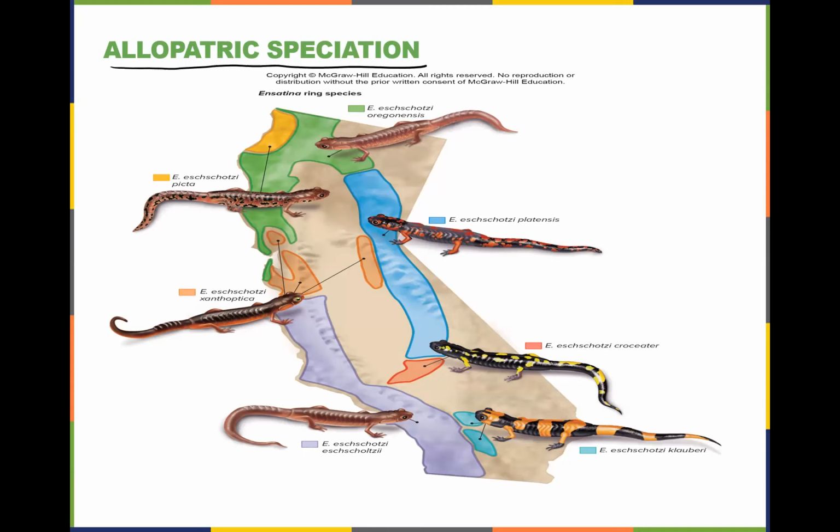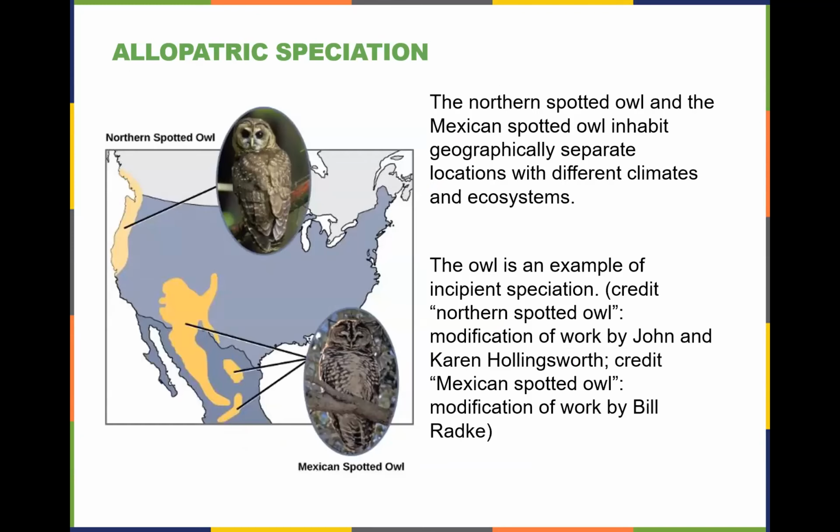So this allopatric speciation is the evolution of species due to different geographic areas. This is another example, an owl that lives in different parts of North America and also Central America. Due to this different geographical area, they evolve into different species. They used to come from the same ancestor species.